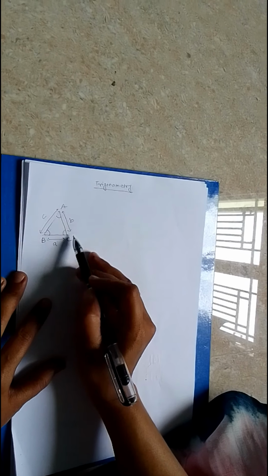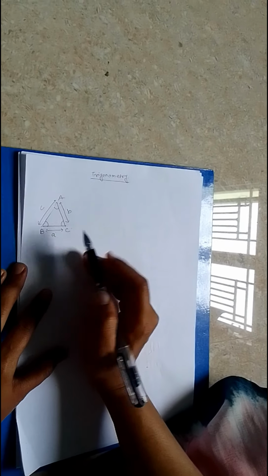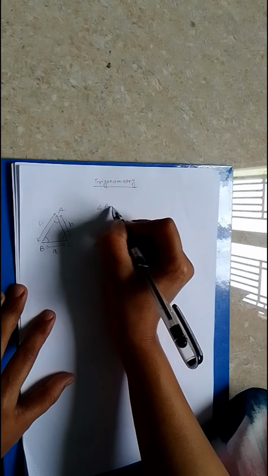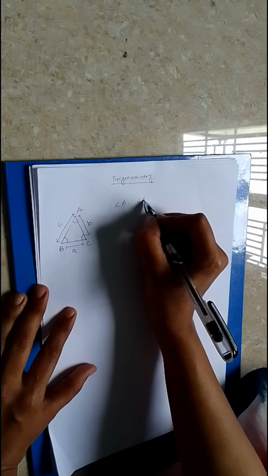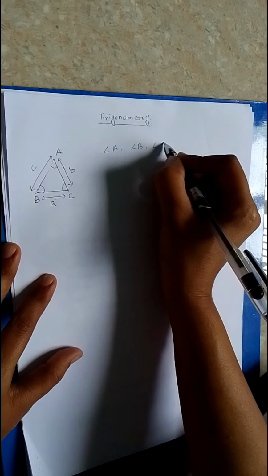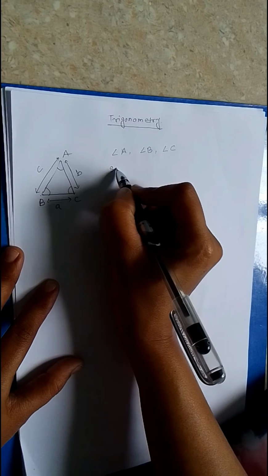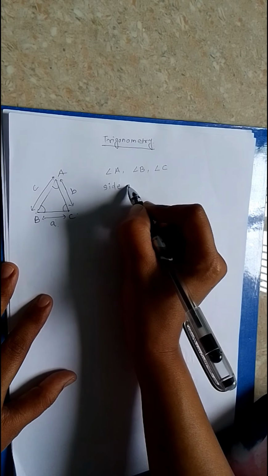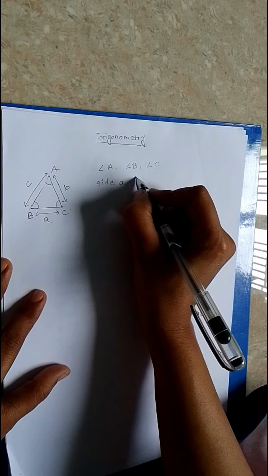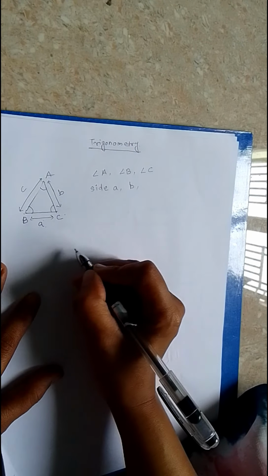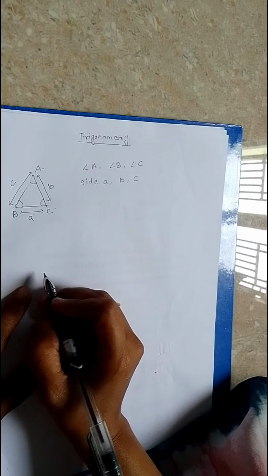What are all the measures in this triangle? Angle A, angle B, and angle C. Similarly, what are the sides? Side a, side b, and side c.